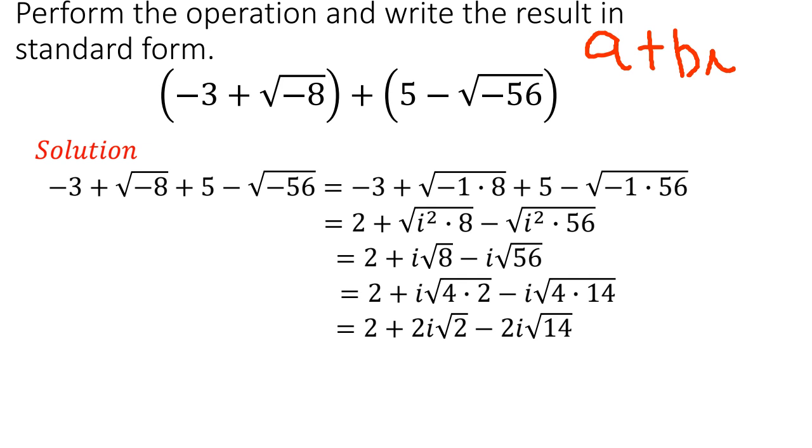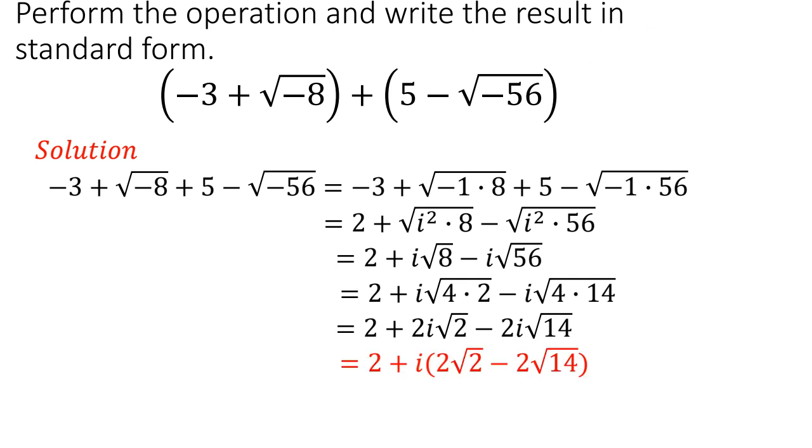Okay, so real plus imaginary. Right now we have 3 terms, so it doesn't look like this one here. But notice that they both have an i in common. So we can factor out an i. And so now we have 2 plus i, parentheses, 2 square root of 2 minus 2 square root of 14. And so now it looks a little bit better.